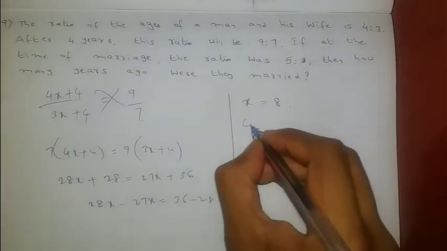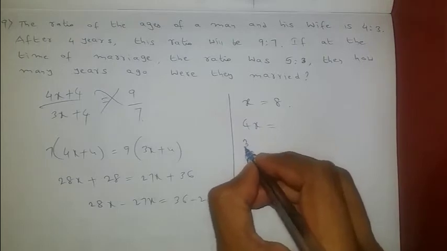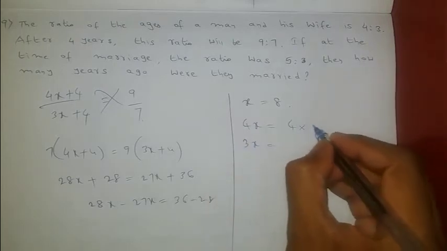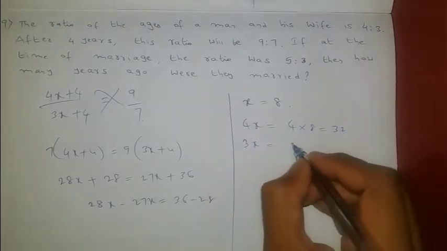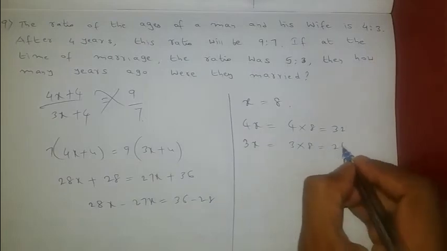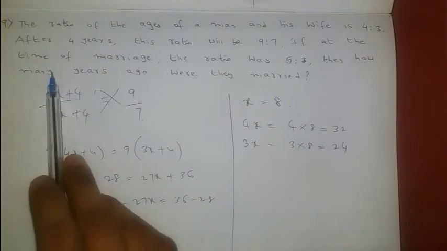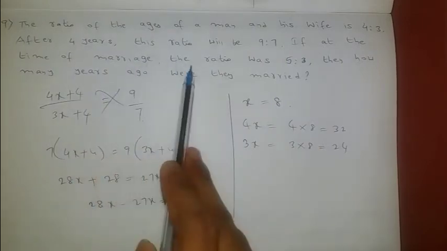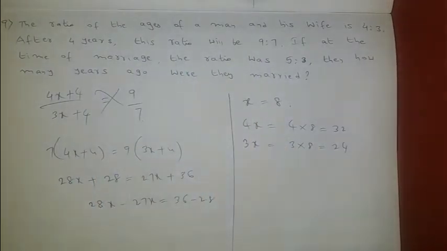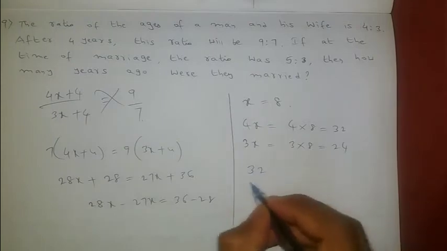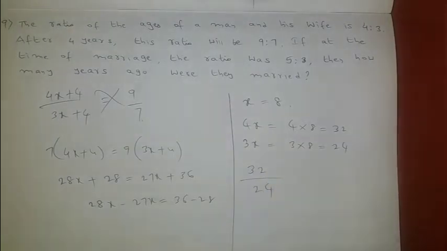Then they are in the ratio of 4:3, right? So that is 4x and 3x. So 4 into 8, 32 years, and 3 into 8, 24 years. Then at the time of marriage that ratio was 5:3, now the present ages ratio is 32:24, and some years ago they were married.